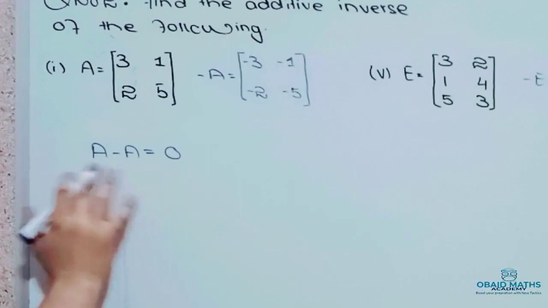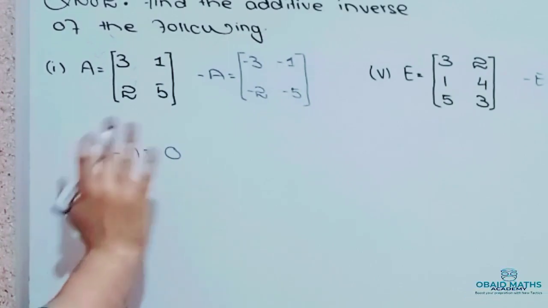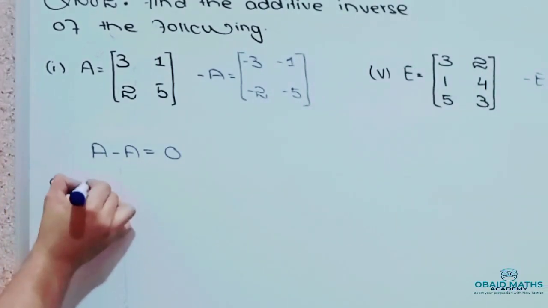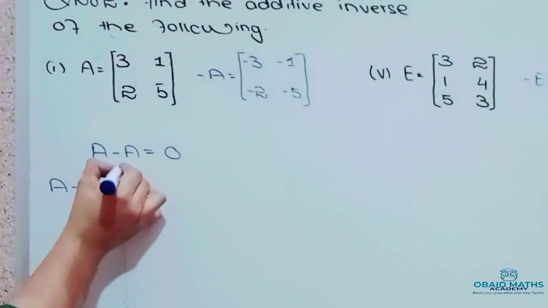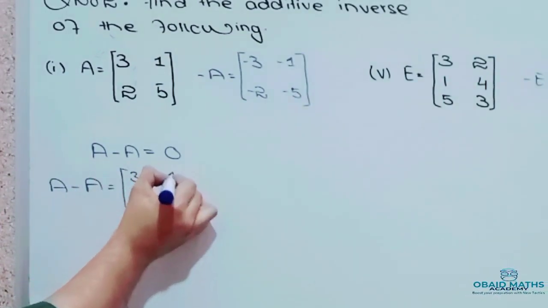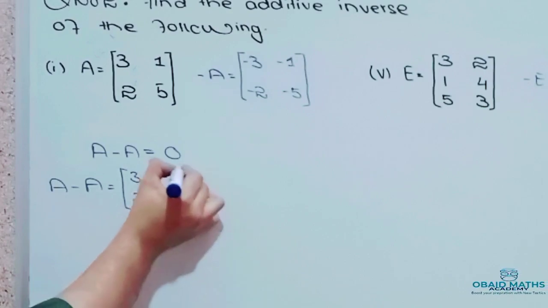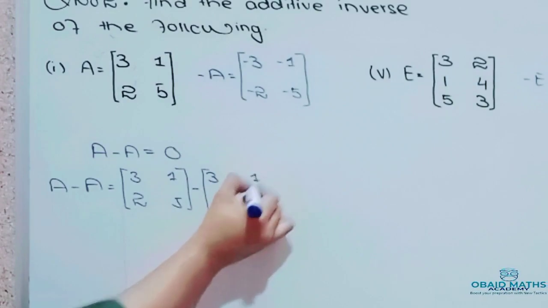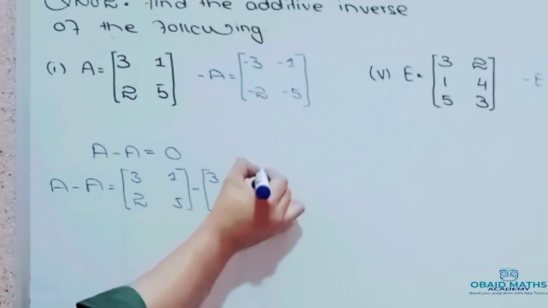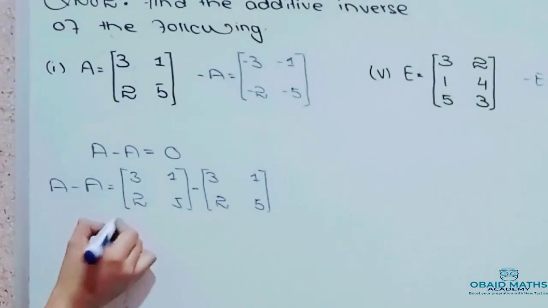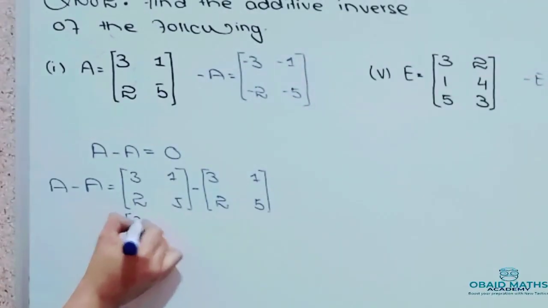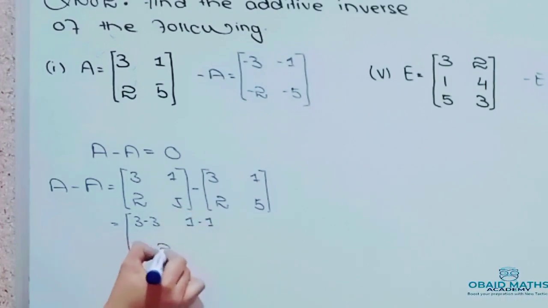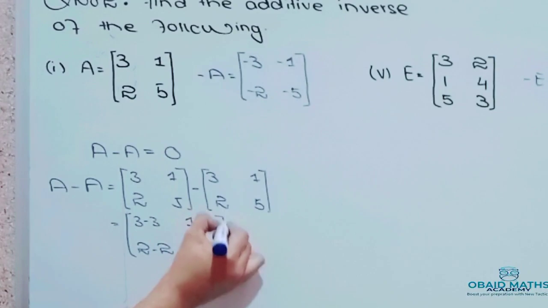The negative sign will subtract all the elements and it will create a 0, and we have to just prove it like A minus A is equal to 3, 1, 2, 5 minus again 3, 1, 2, 5, and matrix close. Next, 3 minus 3, 1 minus 1, 2 minus 2, and 5 minus 5, bracket close.